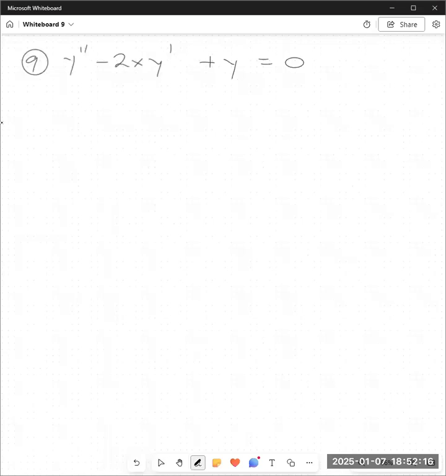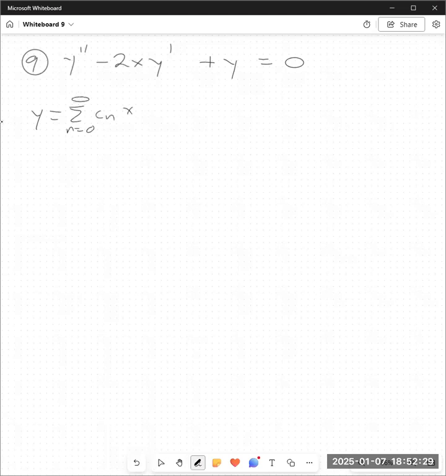And I'm going to be able to use a little technique to help me. I'll go ahead and list out everything like I did before. y is the sum of Cn x to the n. y prime is n equals 0 to infinity of n c sub n x to the n minus 1.